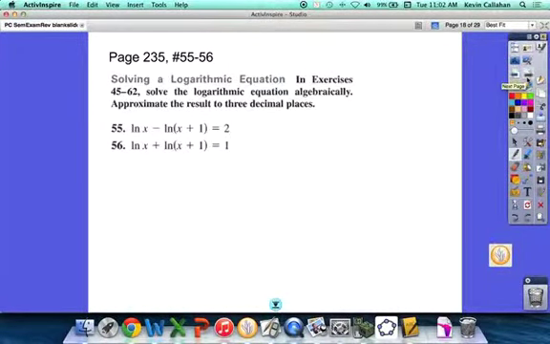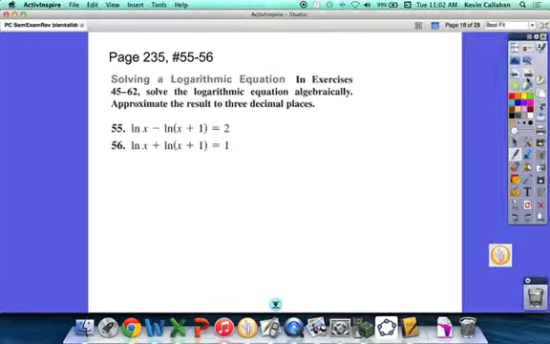Now, there will be some more complicated logarithms, but not too complicated. The reason I only put 2 problems in here is because I wanted them to be more like the test question. It's not like you've got logs on both sides, but you have more than one log on one side. So how do you put these together?